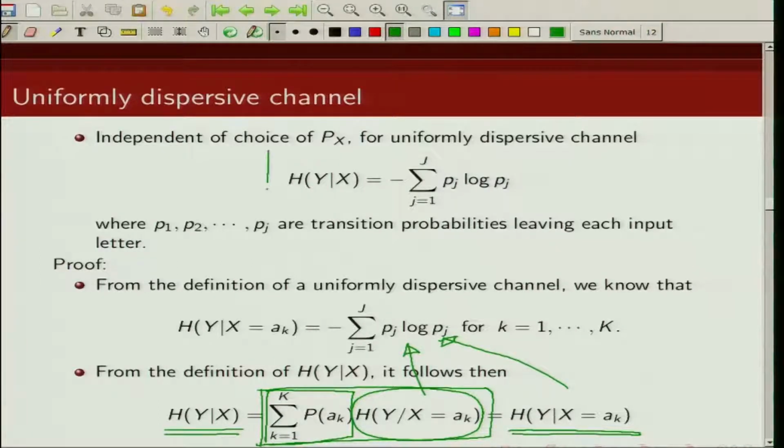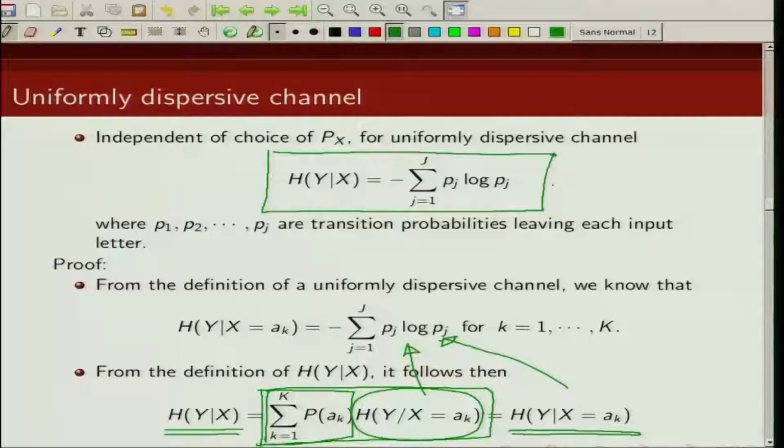So, no matter what the choice of input distribution, the uncertainty in y given x for a uniformly dispersive channel is given by this expression.